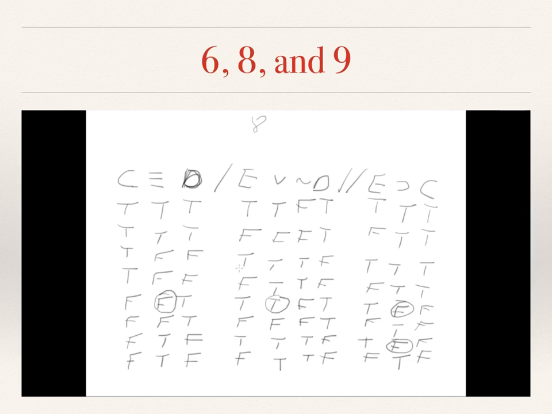That doesn't make it invalid, because you need two true premises and a false conclusion. So what about this one? False. We have a true premise here, and a true premise here. So we have two true premises leading to a false conclusion, so this one is invalid. Let's go on to number 9.